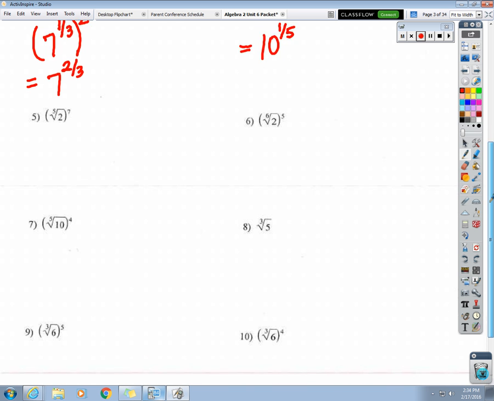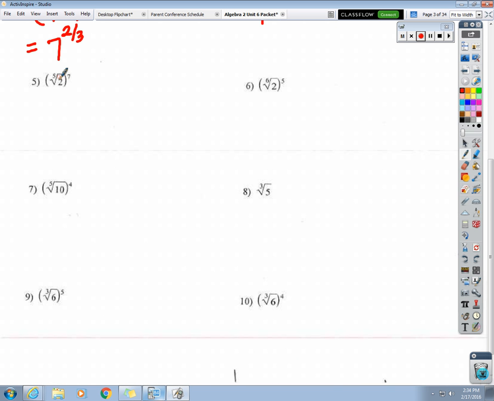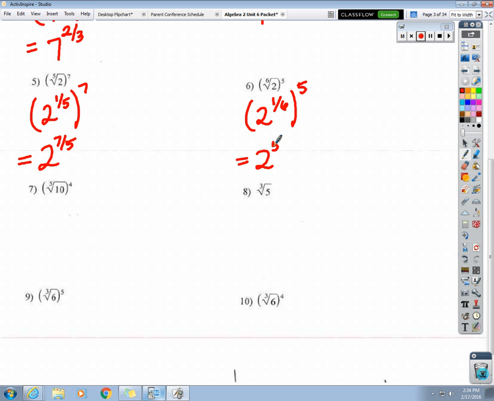Okay, number 5. The first thing I need to do is rewrite this fifth root of 2 as 2 raised to the 1/5. And then it's also raised to the 7th power, so that'll give you a final answer of 2 to the... Right. Number 6, I rewrite this as 2 raised to the 1/6, and then raised to the 5th, so it becomes 2 to the 5/6.